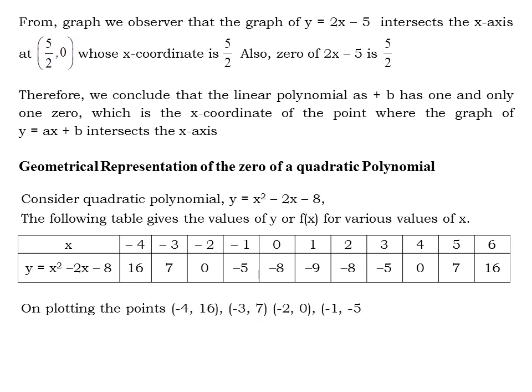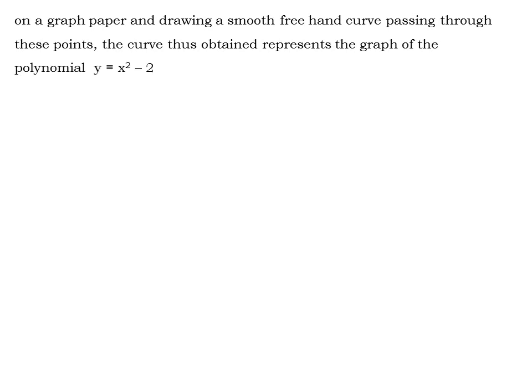Now we have to plot all these points on a single graph paper, and after plotting them, we connect them, drawing a smooth freehand curve passing through all the points. The curve thus obtained represents the graph of the polynomial y equals x square minus 2x minus 8, and it's called a parabola.